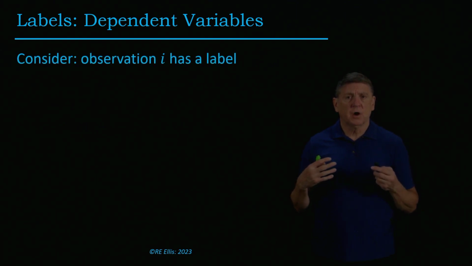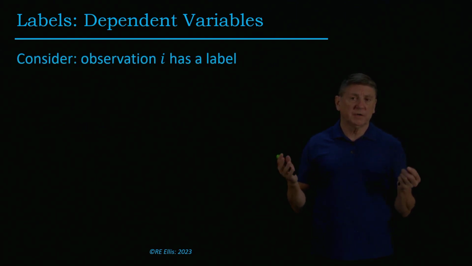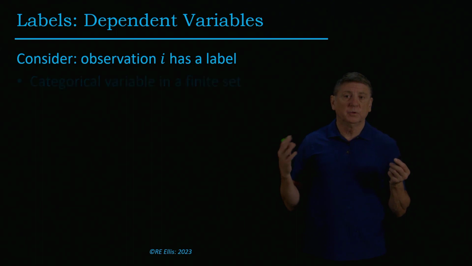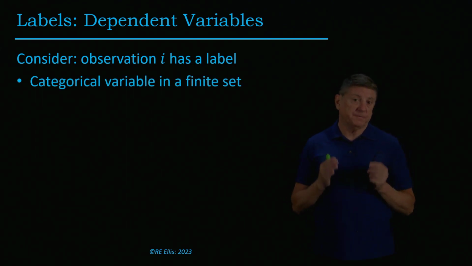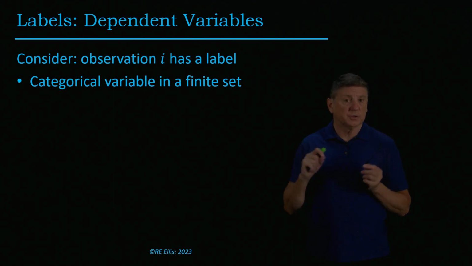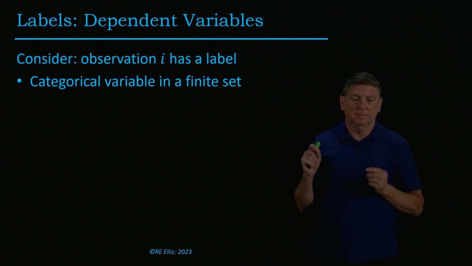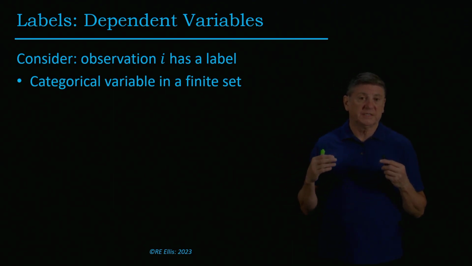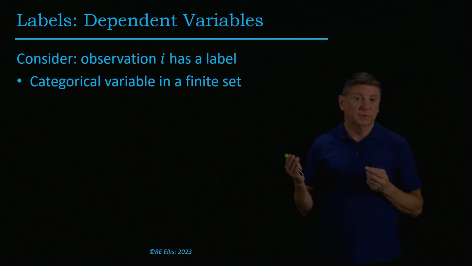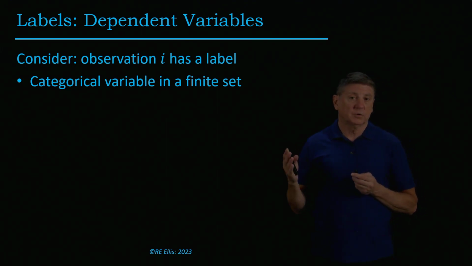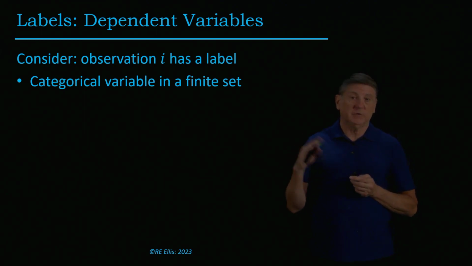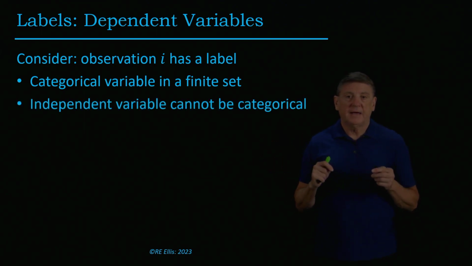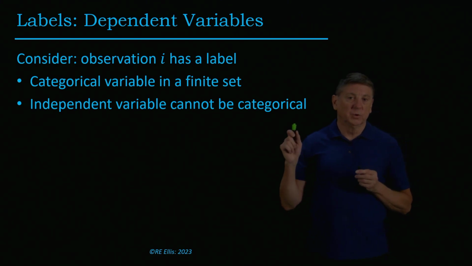So labels are dependent variables. Consider observation i, and we'll say it has a label. This is a categorical variable, and there's a finite set of labels, so it's not a continuous object, the way that, for example, a dependent variable in regression is. A categorical variable often will just be one of two values. It's in a certain set or it's not in a certain set. And we'll note that independent variables cannot be categorical.